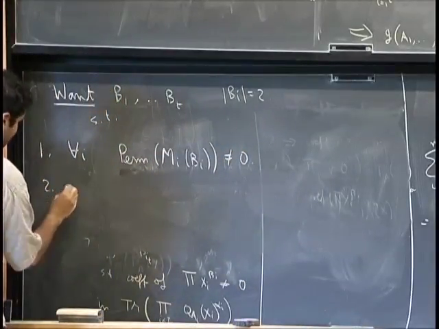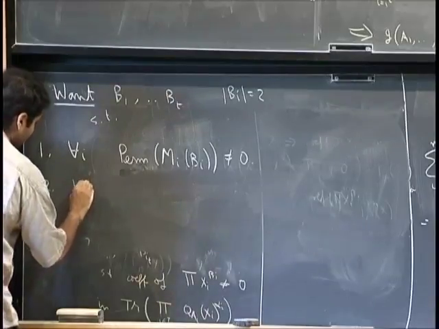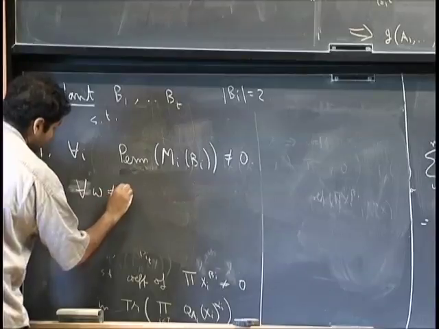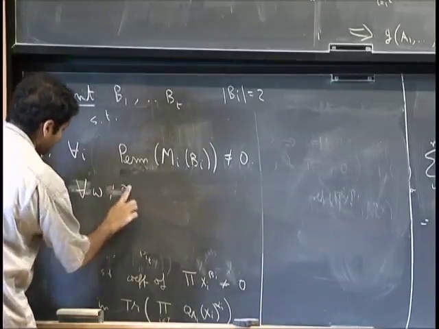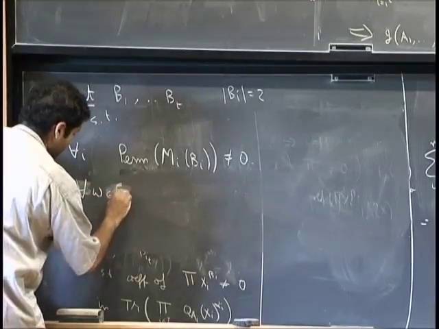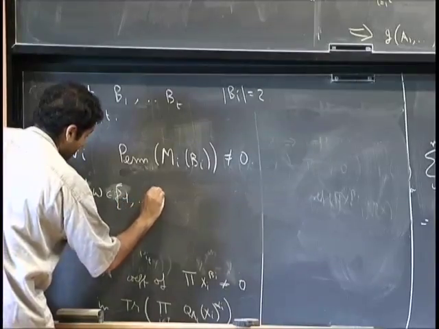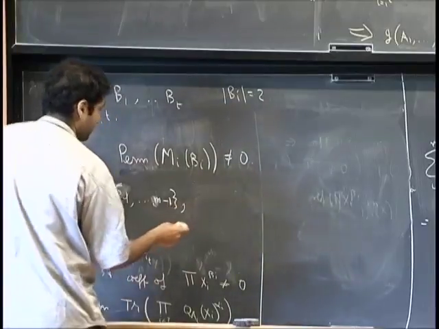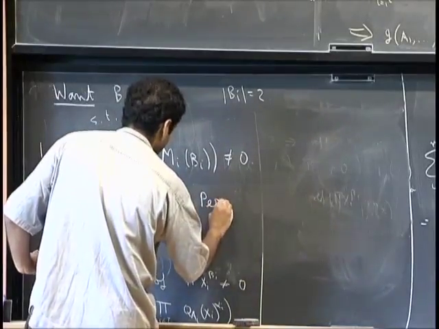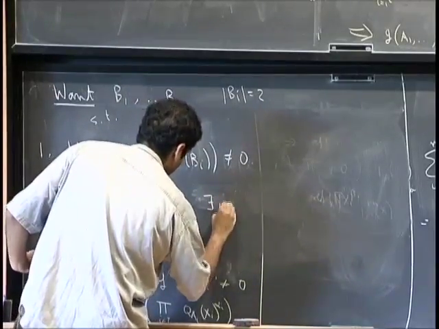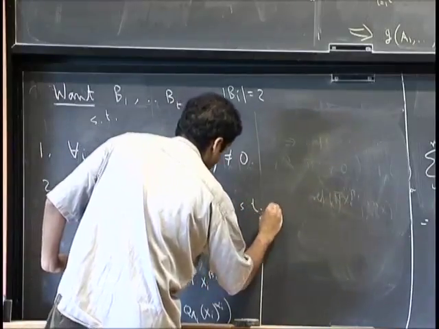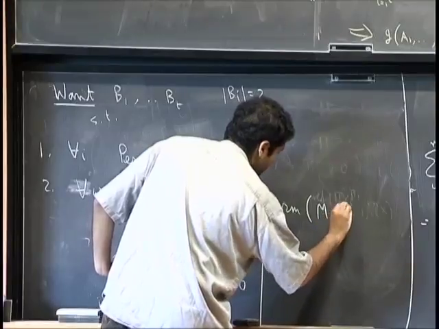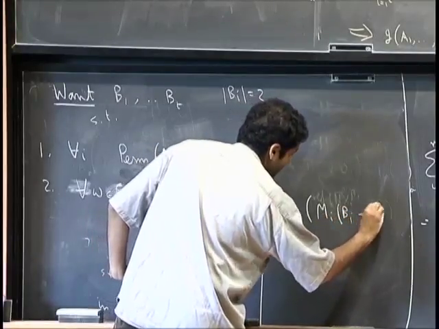The second thing is, for all w non-zero, so w in 1 up to 2^m minus 1, there is some i such that the permanent of M_i of B_i minus w is 0.